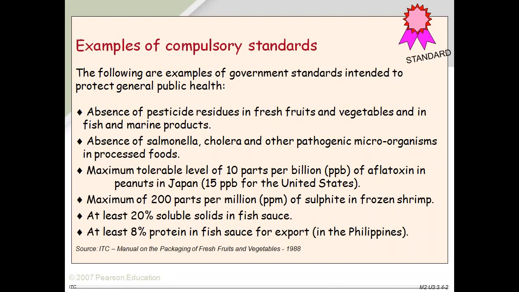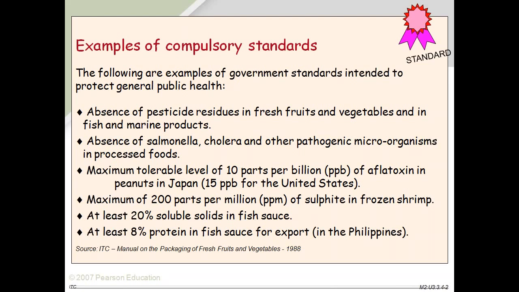Now here we always look for absence of pesticide residues. Say you're growing fruits and vegetables in a place where pesticides are used in abundance; when we spray them, they might go into the fruits and vegetables, so they go into our body.